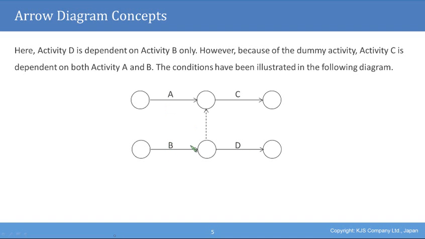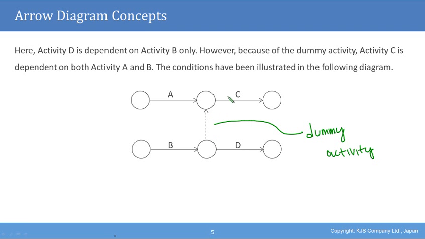Now, D is dependent on B, so it can only happen once B has been completed. But by adding this dummy process, we have the dummy activity here, represented by the dotted line.